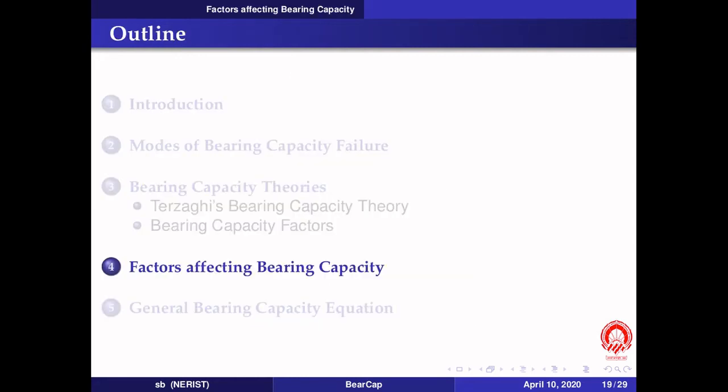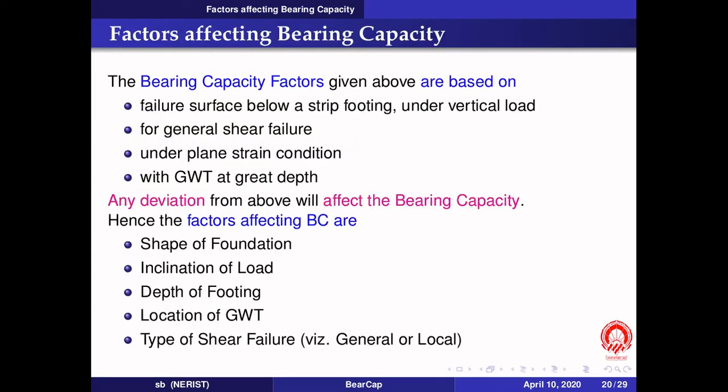Then let us see what are the various factors that affect the bearing capacity of a foundation. Now these bearing capacity factors, as I have told you, are based on the assumed failure surfaces below the strip footing. Usually they have assumed a strip footing so that plane strain condition can be assumed, and the analysis has been done.